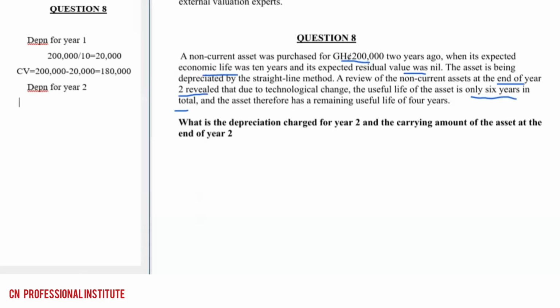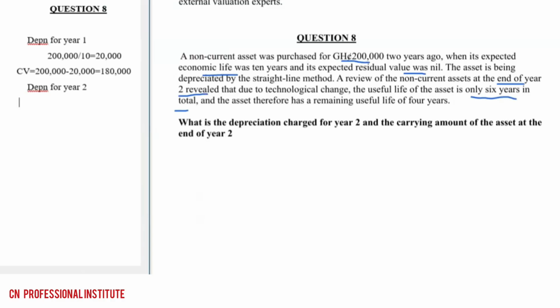So here the change happened in year two. So when you're calculating depreciation for year two, you have to use the revised life. So as I said, before year two, accumulated depreciation is for only one year. Don't be mistaken and go and charge accumulated depreciation for two years before you get the current value. You'll be wrong.